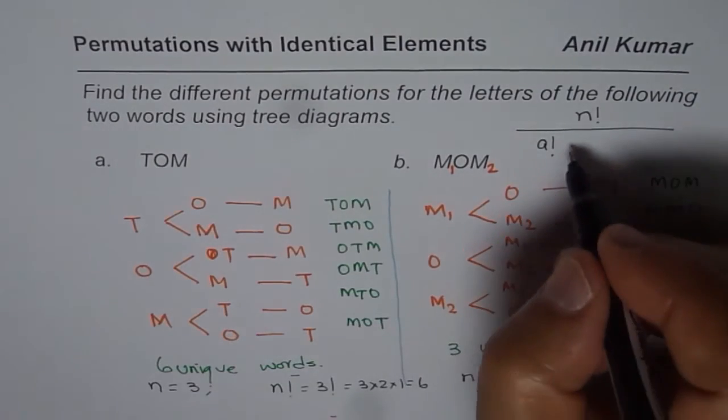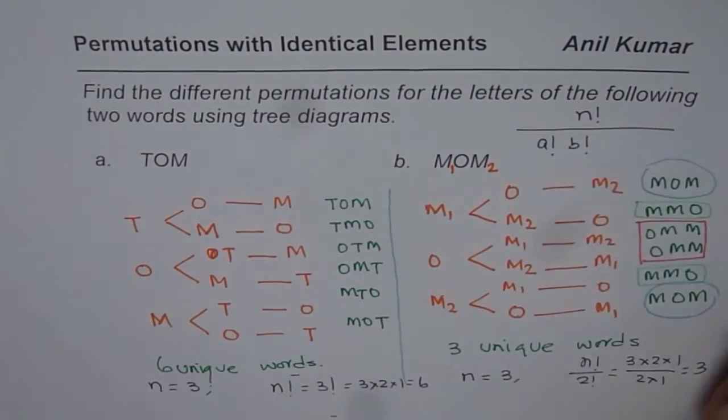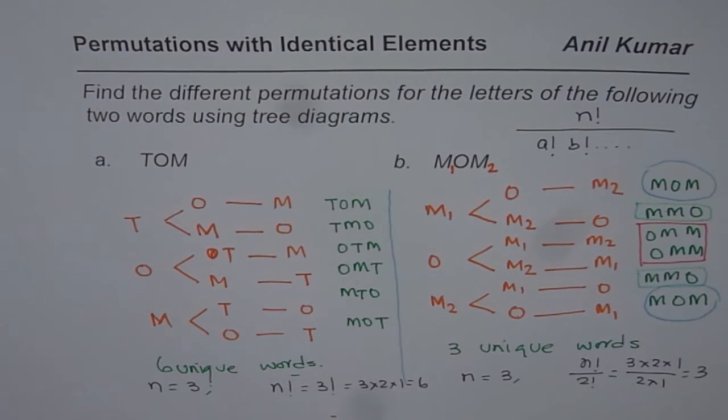If there are b of another type, then b factorial, and so on. So that gives you a general formula for the number of permutations where we have identical elements to deal with, taking all of them together at the same time. I hope this example helps you understand the concept. We'll now use this formula and find permutations with identical elements.